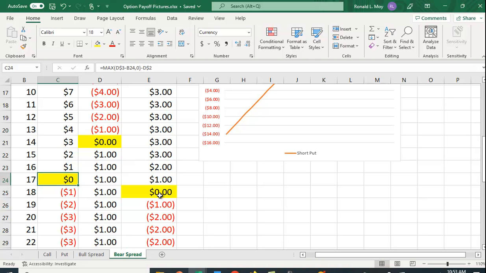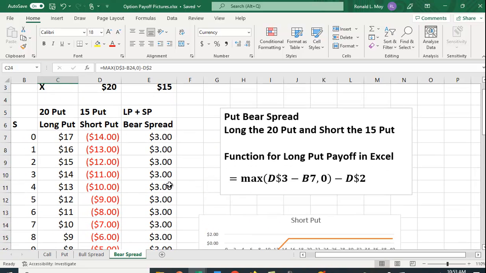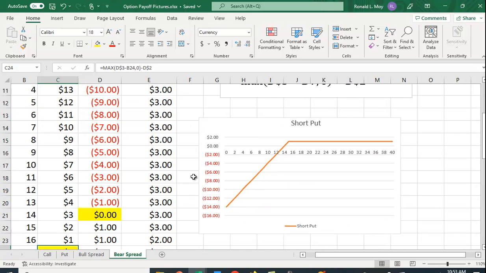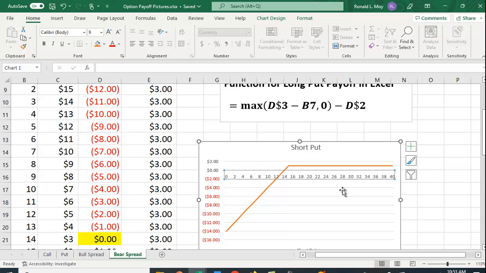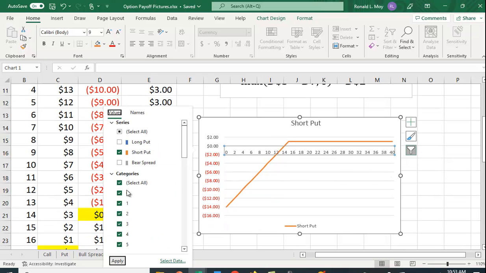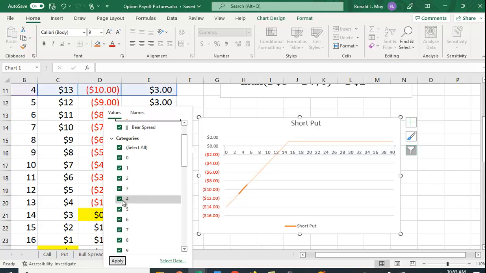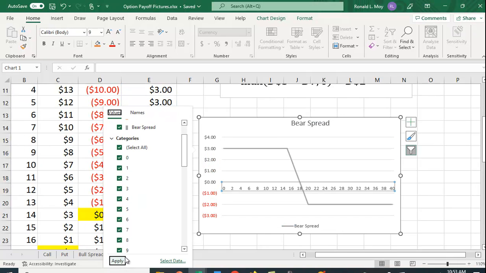So the price doesn't have to fall as far in order for you to make some money. However, you're limited in how much money you can make. So let's put the two together, go back to my graph here, and look at the bear spread.